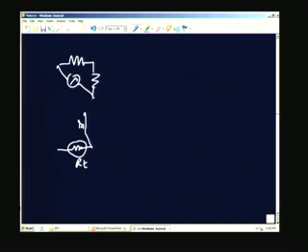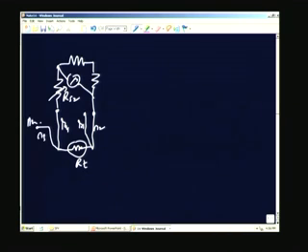I am going to connect R2 here, and on the other side this will be Rs2 in the second arrangement, and this will be connected to R4, and the battery will be connected through R3. This is battery, this is also battery.